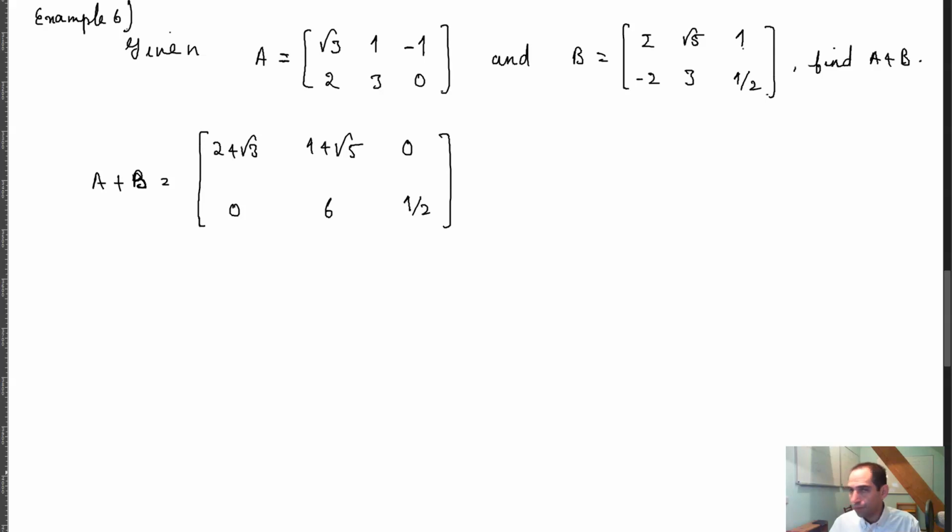Now, we emphasize as a note that if A and B are not of the same order, then A plus B is not defined.